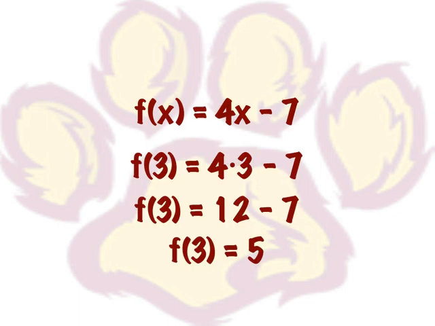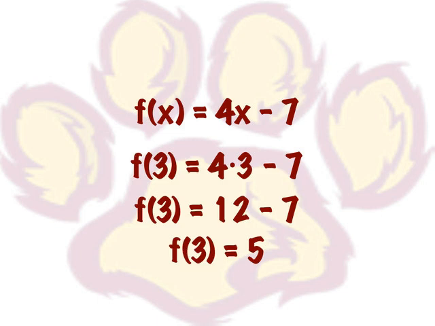So, where the x was, we put 3 in, so we have 4 times 3 minus 7, which is 12 minus 7, and that means f of 3 equals 5. So when they give you f of a number, all you do is you take that number and you plug it in for the variable.